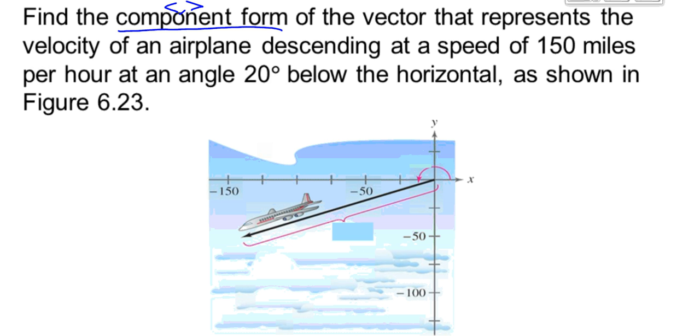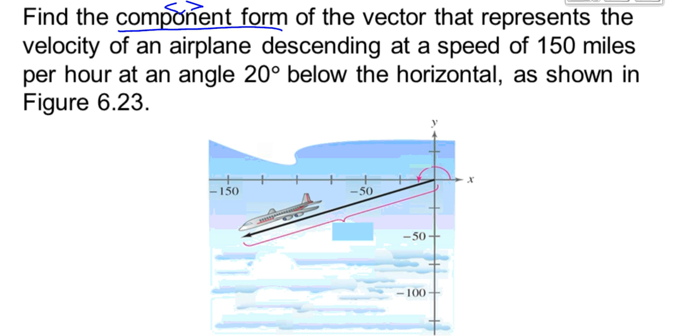That represents the velocity of an airplane descending at a speed of 150 miles per hour. The way we generally convert speed into distance is we say, how far would it go in 1 hour? And so this distance it's gone from there to there is 150 miles.